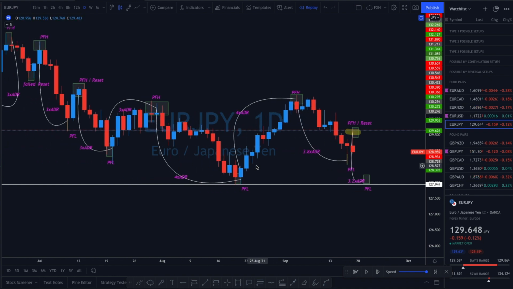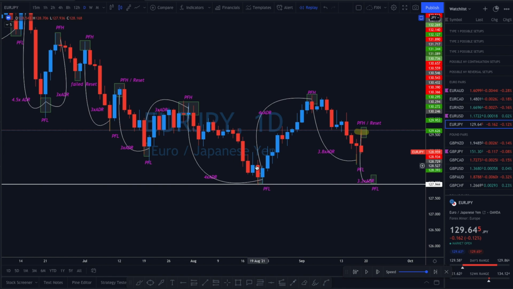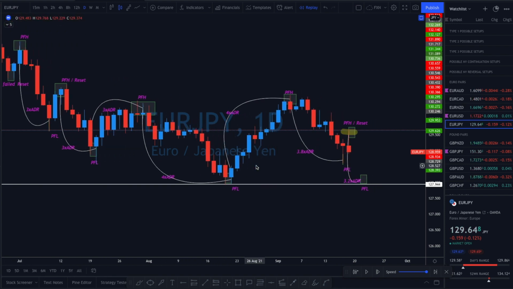Meaning, where is the closest liquidity area where price action is likely to go? Where is liquidity at? If you can answer where liquidity is at on the daily chart, this will help you determine how far price has to go in order for you to predict resets, or try to at least, or get a better idea.